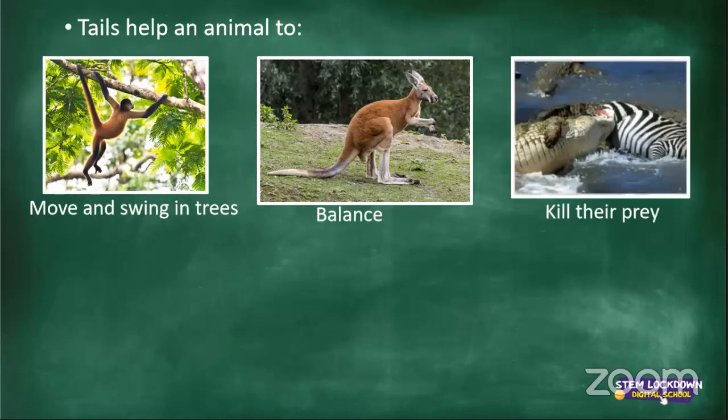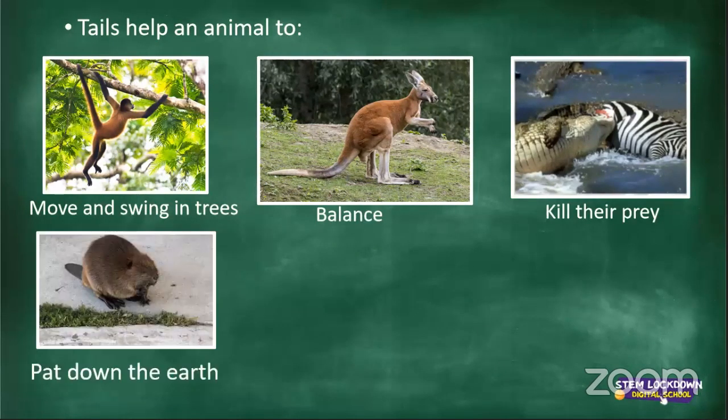Okay, tails can also help animals to kill their prey, like the crocodile with its strong tail. It will hit an animal and then grab it and turn around and around so that the animal drowns. So it will use its tail to kill it, a scorpion as well. Right, a beaver uses its tail to pat down the earth. Because remember, he also uses his tail to build his house.